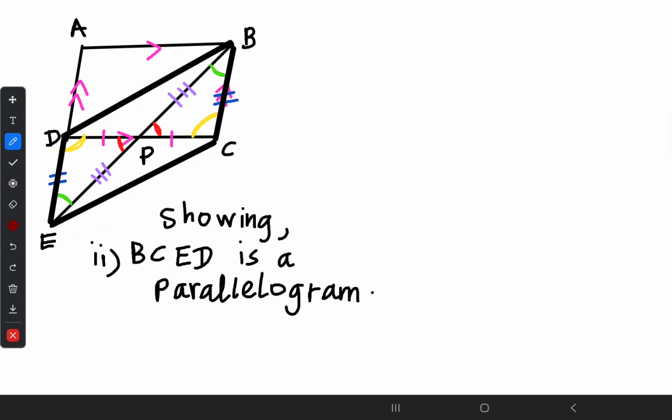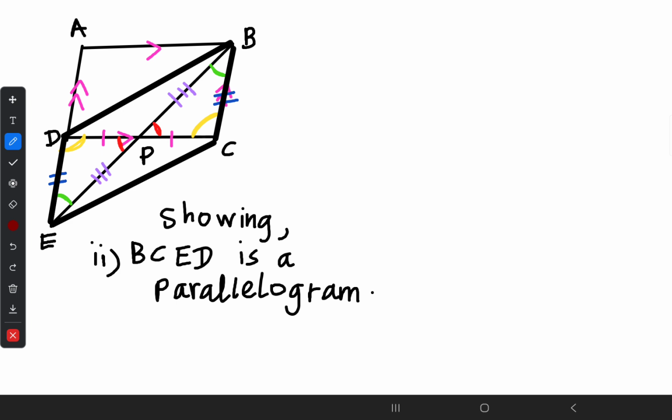Next, think about the angles. We know only this small angle. We do not have any idea about these two angles and these two as well. So we cannot move to that one. Next, think about the diagonal properties. Each diagonal is bisected by the other. That is the characteristic of a parallelogram.